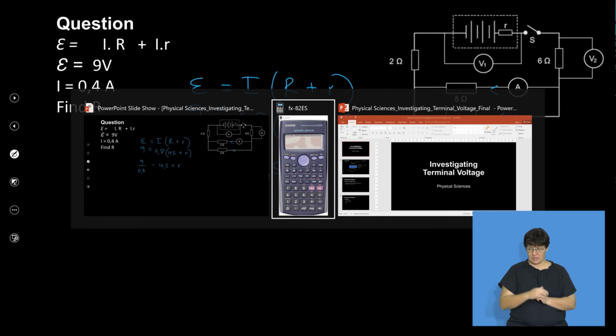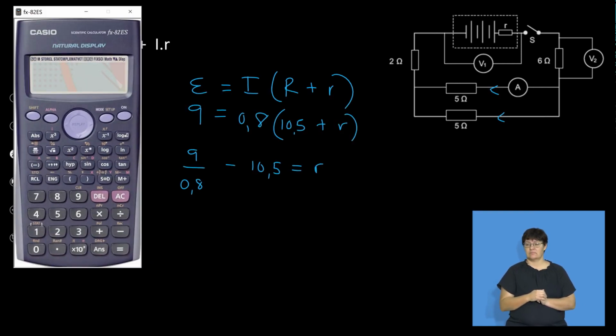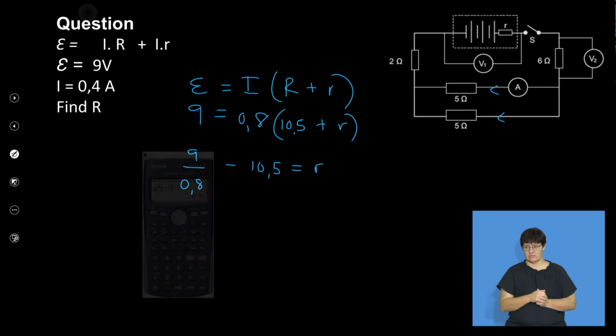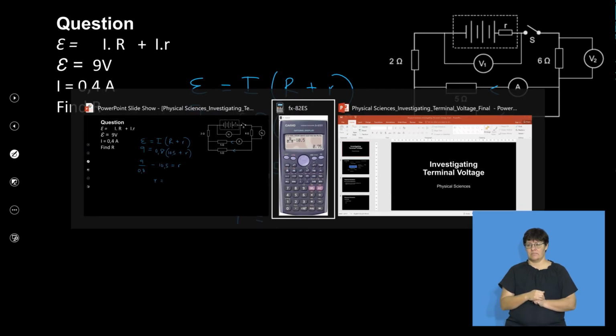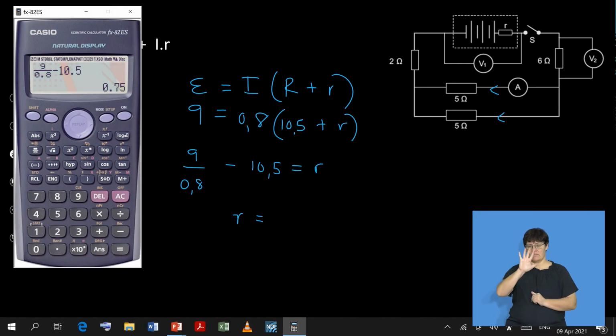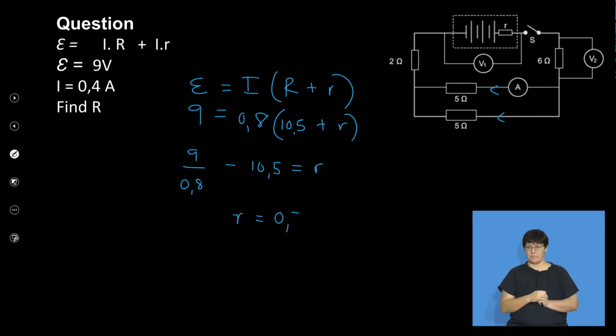On the calculator, 9 divided by 0.8, which is the total current in the circuit, less 10.5 gives a value of 0.75. So our internal resistance is 0.75 ohms.